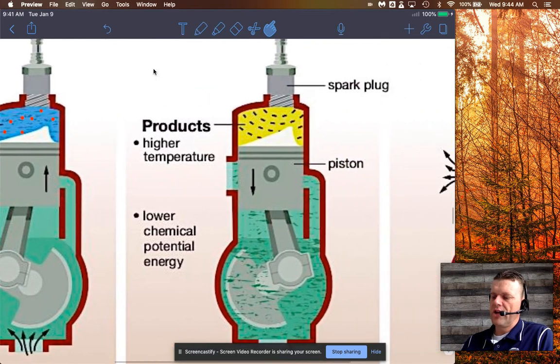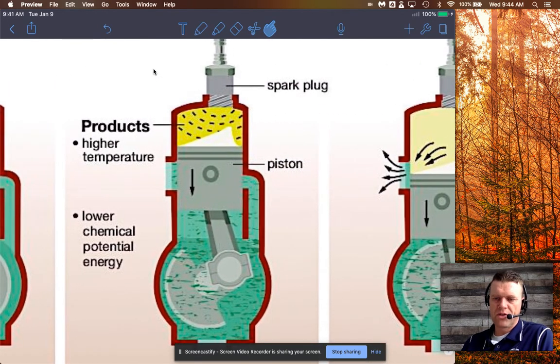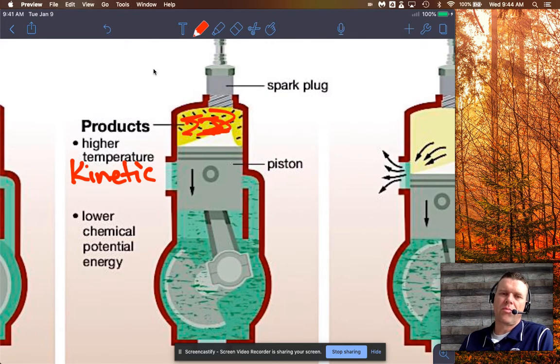Then we change everything and we just trip a spark plug, which causes combustion to begin. What we're left with afterwards is a really high temperature. So we have high kinetic energy. The particles are really moving now, bumping around into each other, so they exert a huge amount of pressure and they ram that piston down and drive the engine.